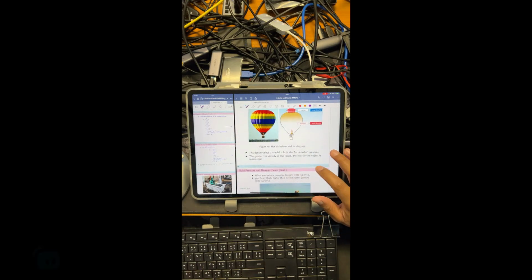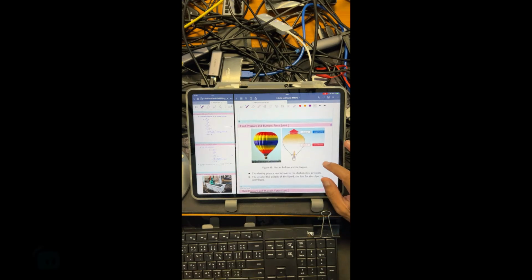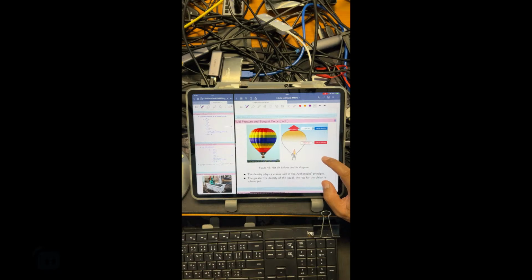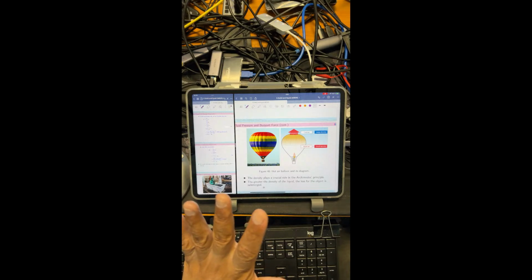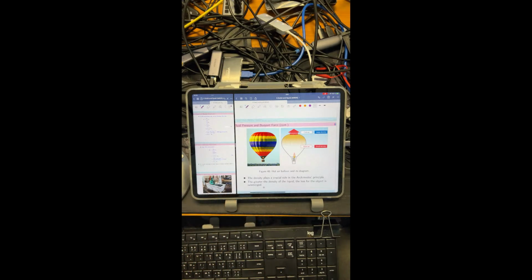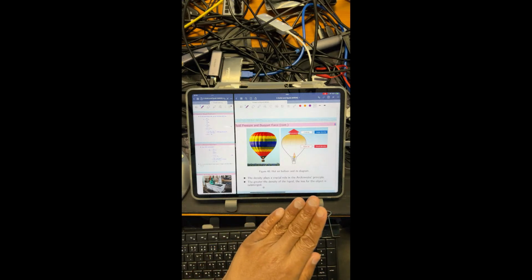Density plays a crucial role in the Archimedes principle, and the greater the density of the liquid, the less far the object is submerged. If you have a fluid which is very dense and you lay your body down, it will not let your body be immersed so much.